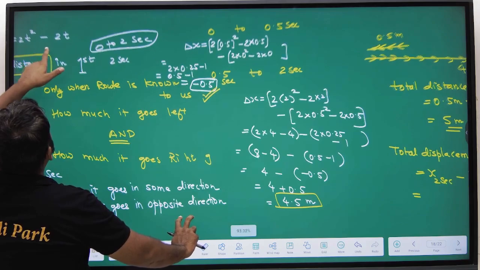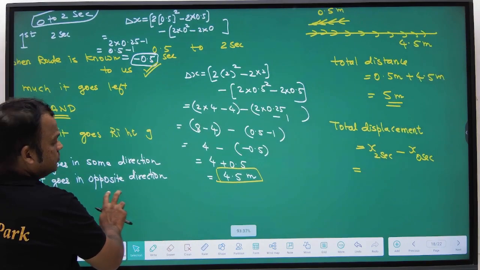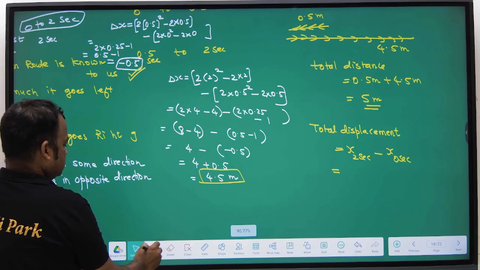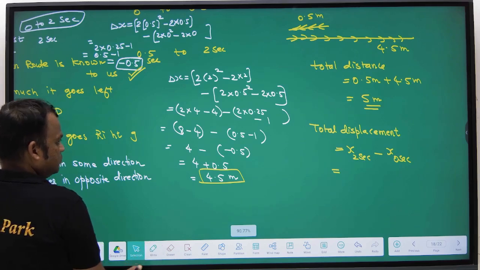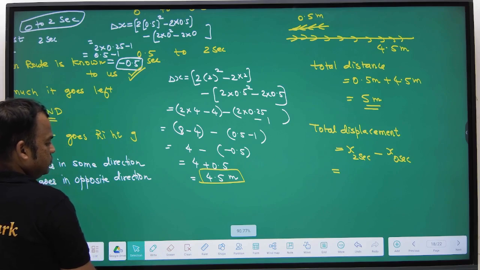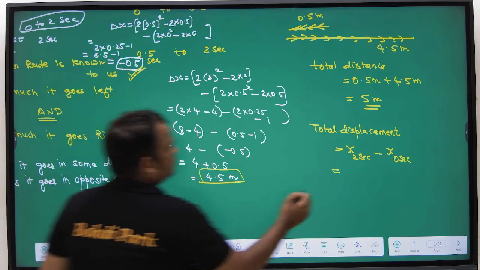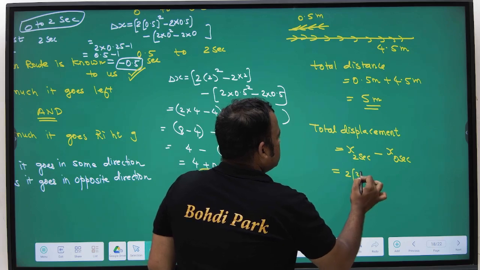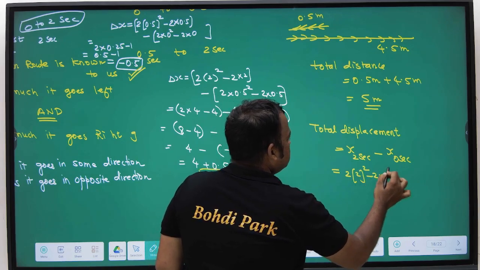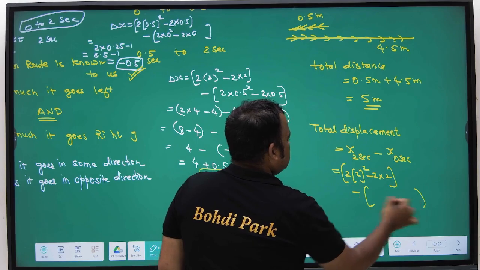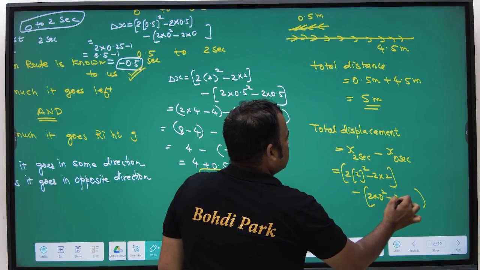That is 2t square minus 2t, so 2 into 2 square minus 2 into 2, minus 2 into 0 square minus 2 into 0.